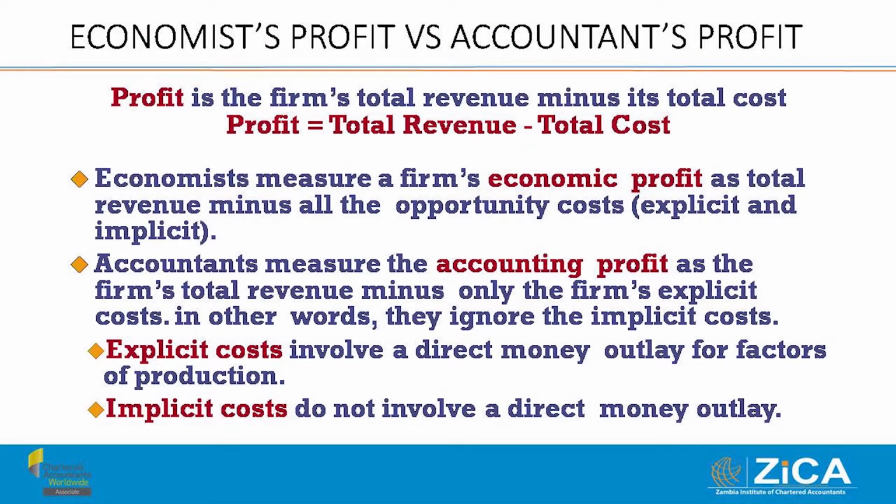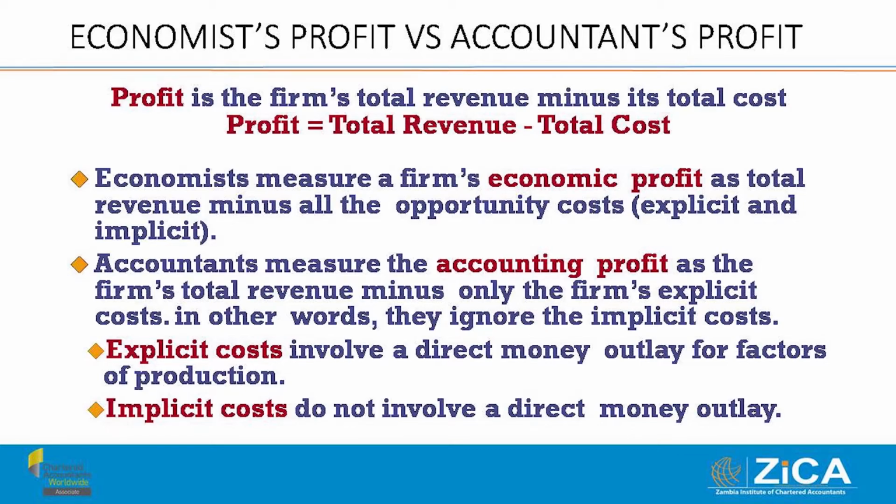We move on to the distinction between the economist's profit and the accountant's profit. Profit is generally defined as the difference between total revenue and total cost. For the economist, profit is measured by considering total revenue, and then we subtract the explicit as well as the implicit costs. Explicit costs are out-of-pocket costs, while implicit costs do not involve the direct outlay of money.